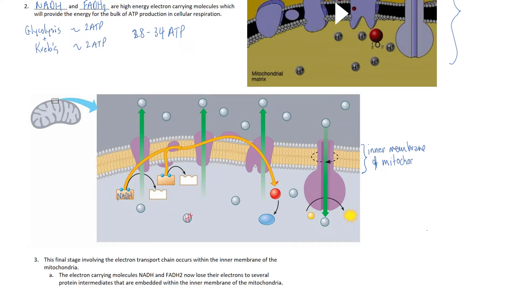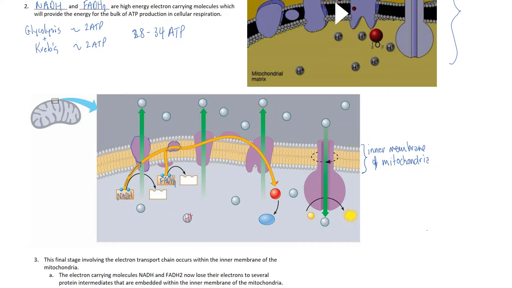Now we get another good look at the mosaic model of that membrane and how these embedded proteins are going to play a significant role in the series of chemical reactions that take place. NADH is going to pass its electrons on to this first integral protein here, and FADH2 tends to pass them along to this protein that's embedded, which is more of a peripheral protein.